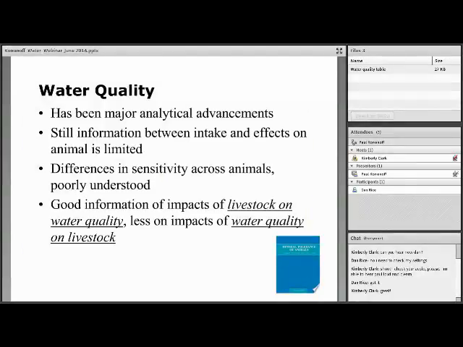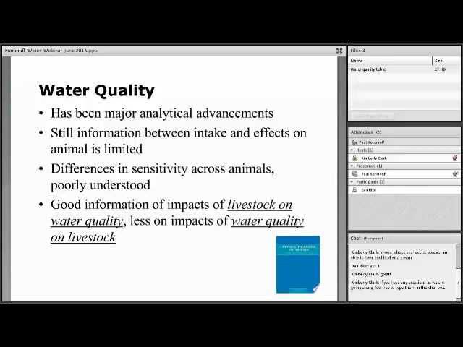So I want to talk more specifically about water quality, and if you're dealing with these things on your farm, this is probably a segment of the presentation that you'll be interested in. The reality is we've had some major analytical advancements on water quality, trying to measure what's actually there. Technology has been tremendous for us to improve our analytical capabilities.